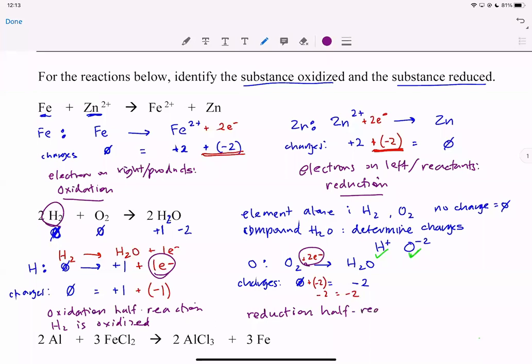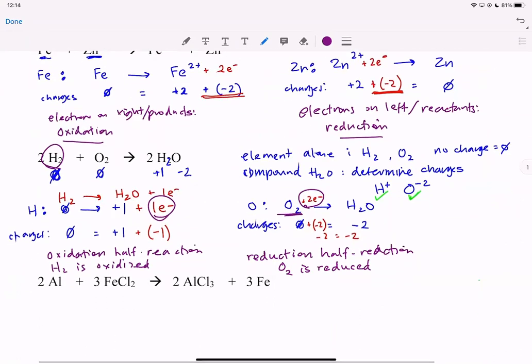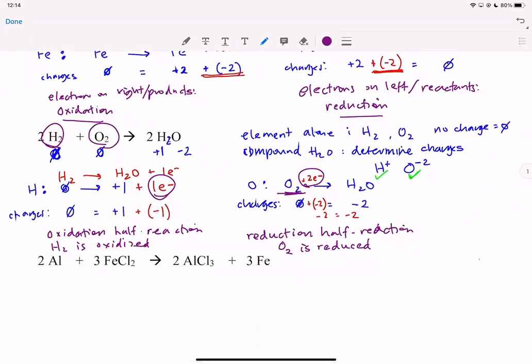For the reduction half reaction, the thing that is reduced is the oxygen, the O2. The O2 is reduced. Specifically O2, not just the oxygen atom or oxygen in H2O, but specifically O2, what is on the reactant side of the primary reaction.